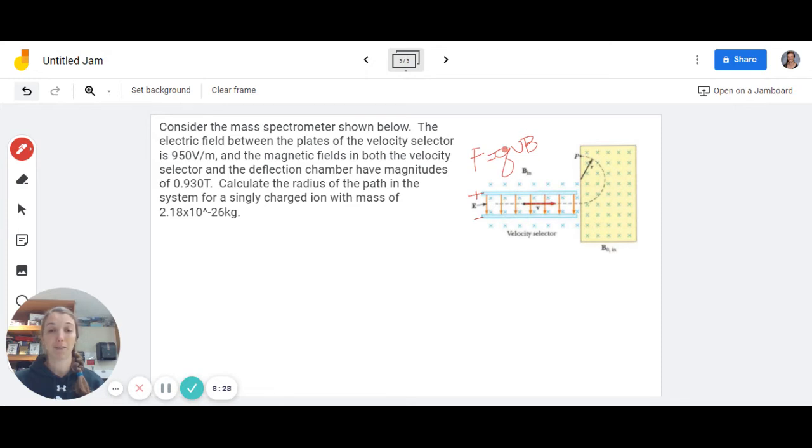So I'm just going to leave that part off. So force from the magnetic field is QVB. Then we also know that the force from the electric field, this is a constant electric field, is going to be Q times the electric field.